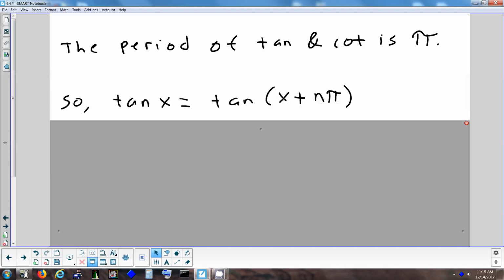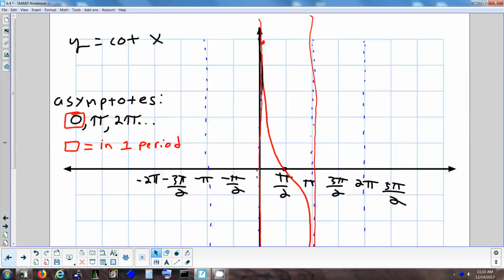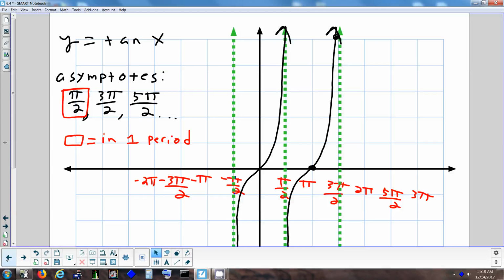So what that means basically is you get the same value every 3.14 units. Let me show you that as a picture first. That value right there is going to occur again right there. And it's going to occur again right there and again right there.